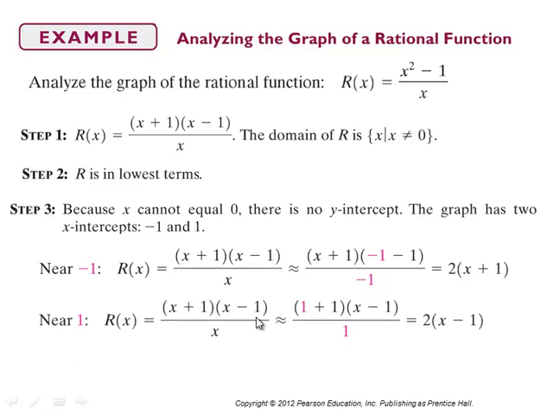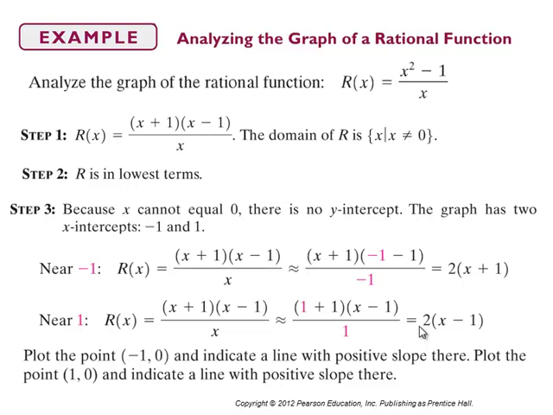And near the other x-intercept, replace x by 1, and that works out to be 2 times x minus 1. So at both intercepts, we have slopes of 2. So on the graph, we would plot 1 and -1 on the x-axis, and then draw a small line segment with slope 2 at each of those intercepts.